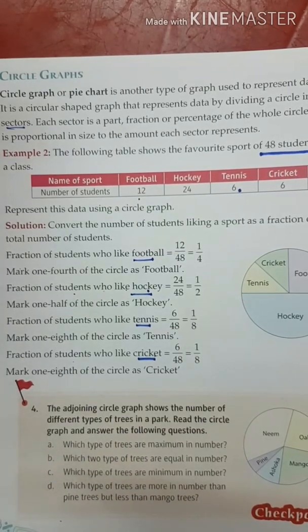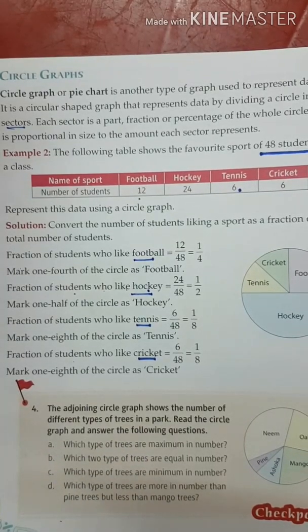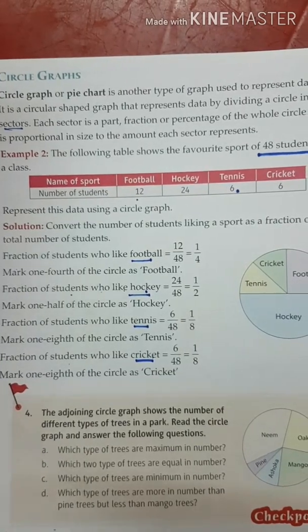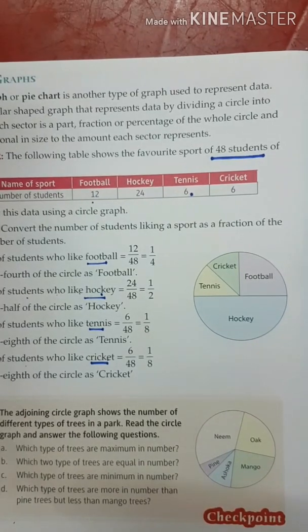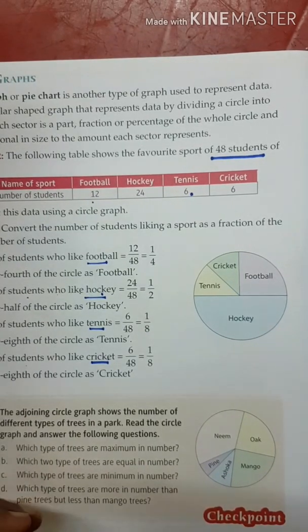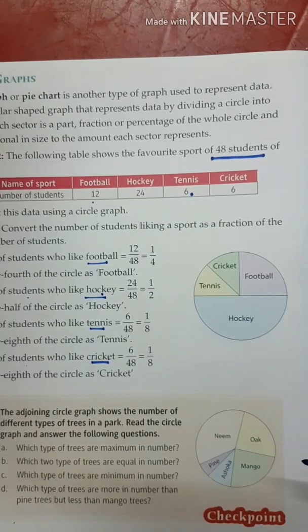Now we found out the fractions for the given data. Now move on to the circle part. How to represent the data in a circle graph. Yes, we know the data and we found out the fractions and how to split the circle, how to divide into sectors.